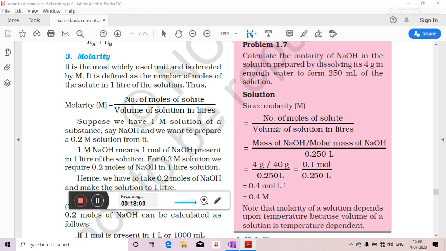That's why molarity also depends on temperature. So with the increase in temperature, volume of solution increases and so molarity will decrease because molarity and volume are inversely related. So when temperature is more, volume of solution will be more and molarity will be less.